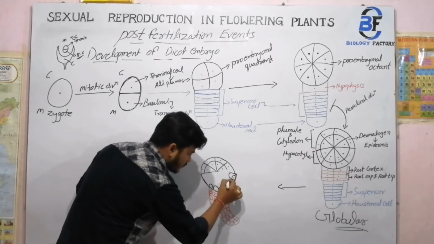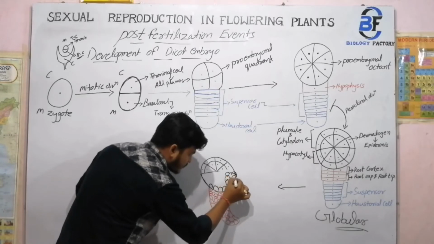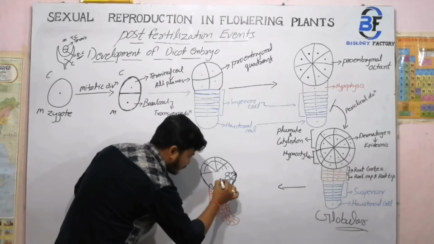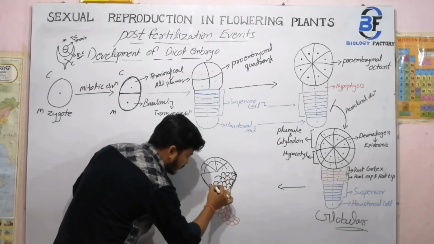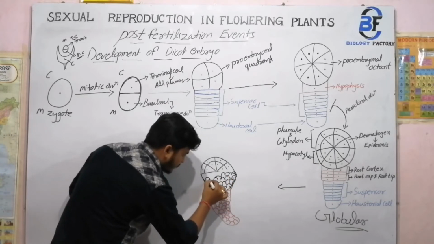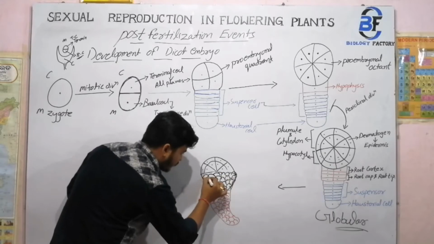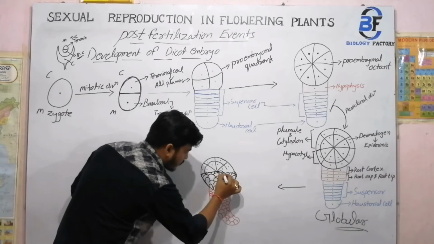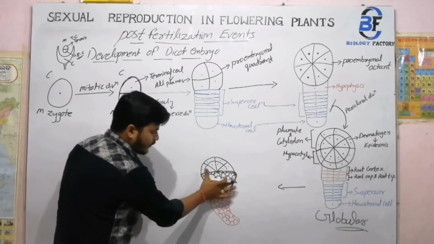So here the cell division and a mass of cells is going to form, and the lower half is filled with the cells.